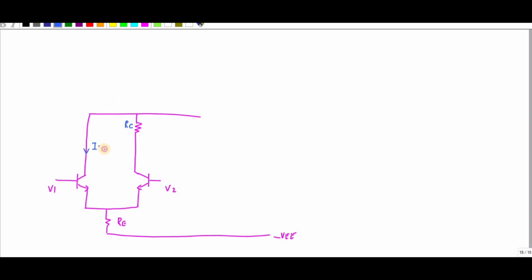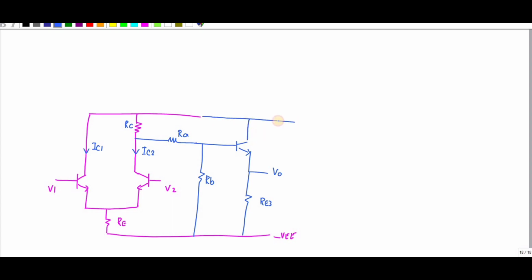This is IC1, the current flowing through this one, and this is IC2, and this is your RC. This one is connected to a constant current source.